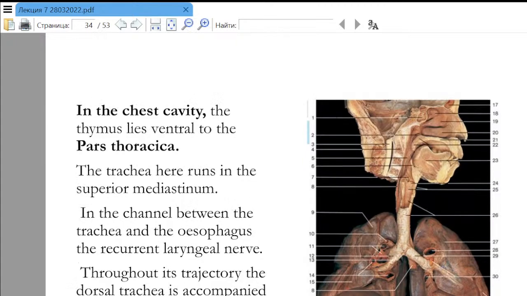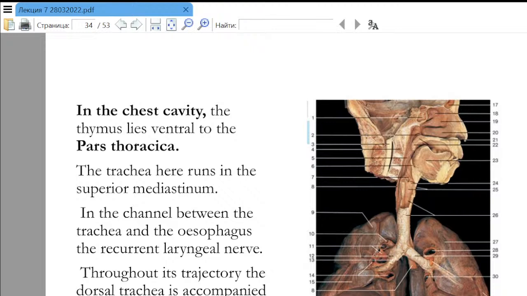In the chest cavity, the thymus lies ventral to the pars thoracica. The trachea here runs in the superior mediastinum. In the channel between the trachea and esophagus runs the recurrent laryngeal nerve.